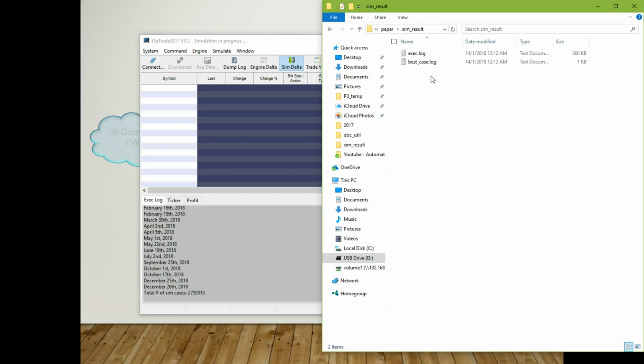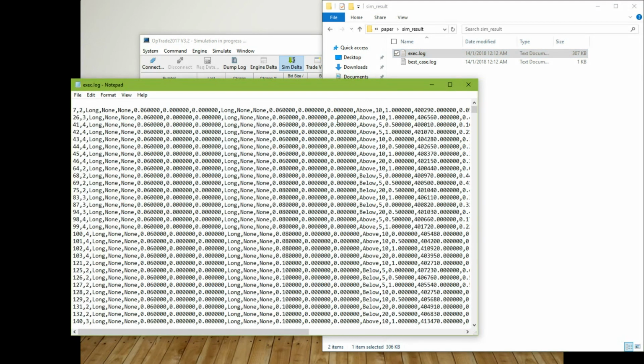The performance of each scenario will be recorded in this file while the simulation is ongoing. Currently, I will copy and paste this result to an external spreadsheet program to do further analysis.